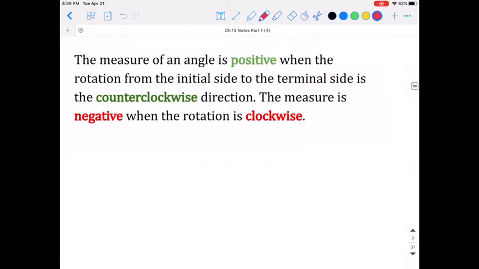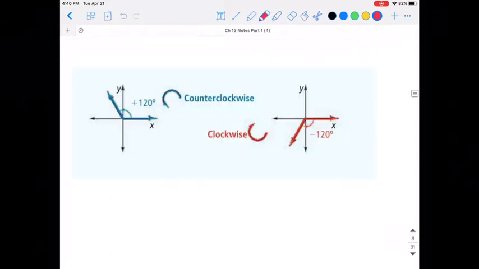The measure of an angle is positive when the rotation from the initial side to the terminal side is in the counterclockwise direction. The measure is negative when the rotation is clockwise. And on the next slide, there'll be a diagram showing this. So from your initial side, which is always the x-axis, if you move in the counterclockwise direction, your angle is going to be positive.